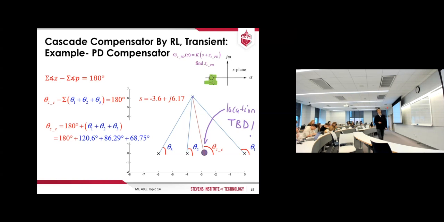Theta 2. Theta 2 is inverse tan. So this is theta 1, theta 2 is inverse tan. The numerator is always the same. Denominator, what's the number there? Negative 4. 4 minus 3.6.